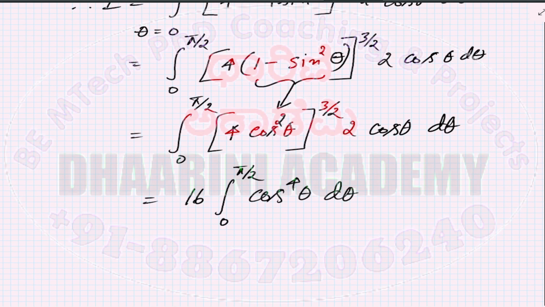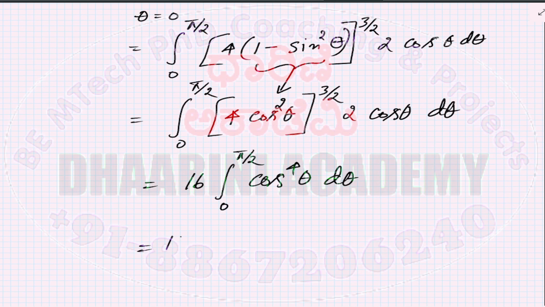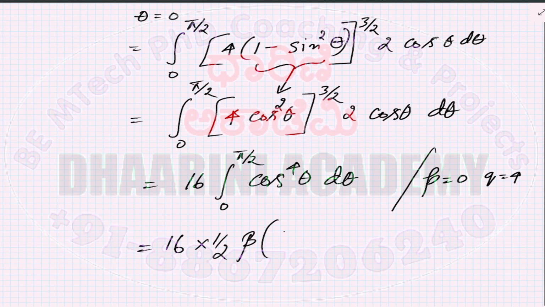Now you know that this is pretty simple. This is equal to 16. I can see that sine has no power, p is equal to 0 and q equal to 4, which means this is nothing but 16 into half of the beta value of p plus 1 by 2, which is half, and q plus 1 by 2, which is 4 plus 1 by 2, which is 5 by 2.